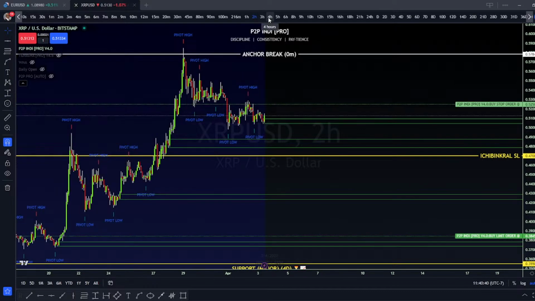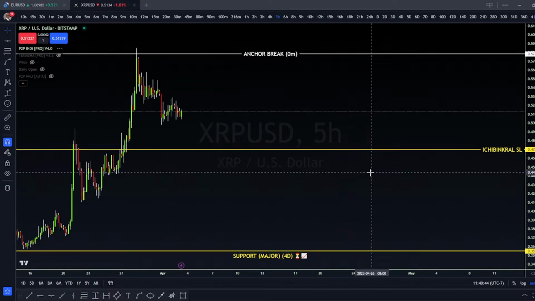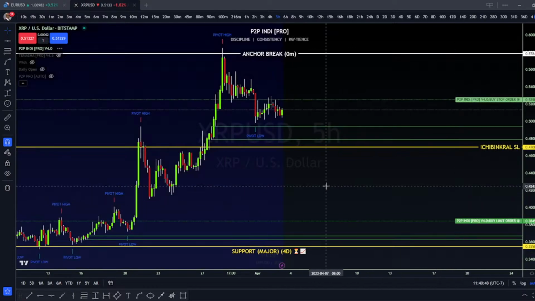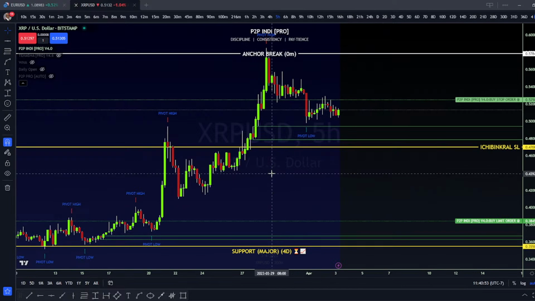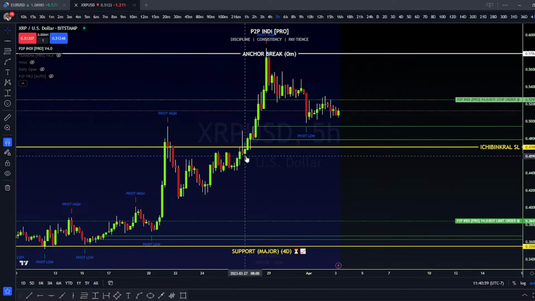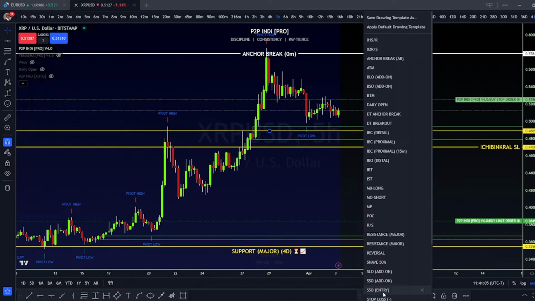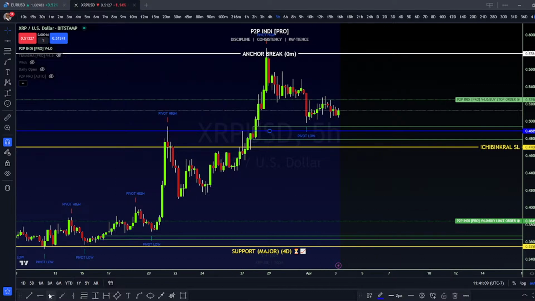47 for me is too tight. I don't even think it's going to get to 47 though, but it could. The reason why I'm saying that is because this whole area from here to here, if I were to put some blue lines on there, let's say, sorry for all the lines, but I have to make them different colors so you can see what I'm talking about.